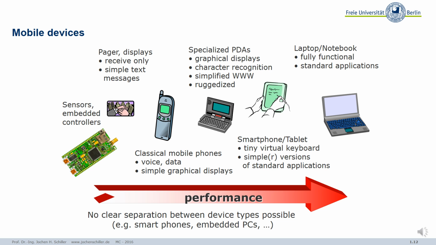There is no clear separation. It was maybe 15 years ago, but today you cannot really say that is a PC, or that is this, or that is that. For example, now with the new Windows, you do not even distinguish while programming the devices anymore. So it's more or less one platform.